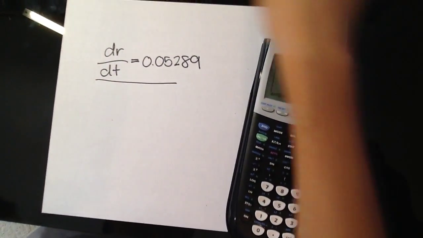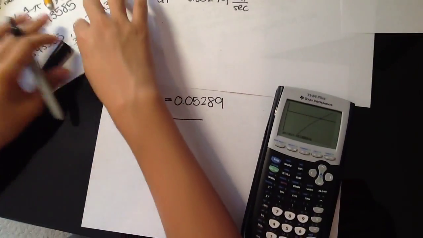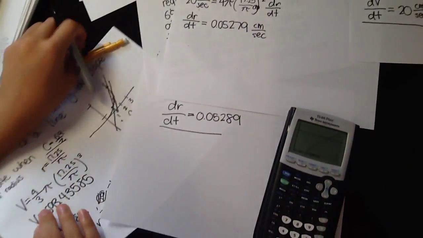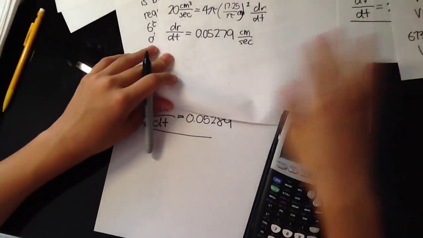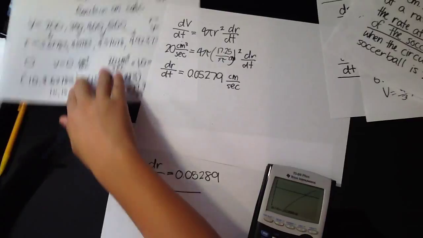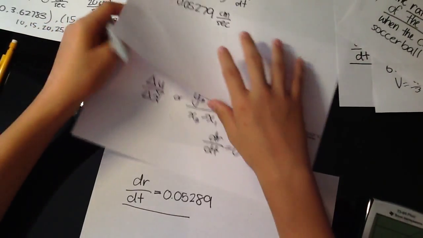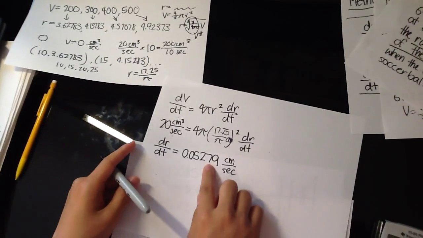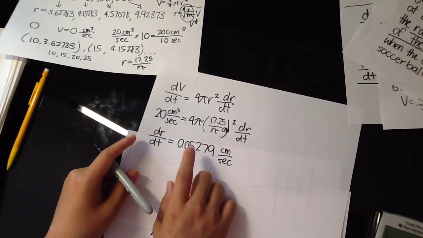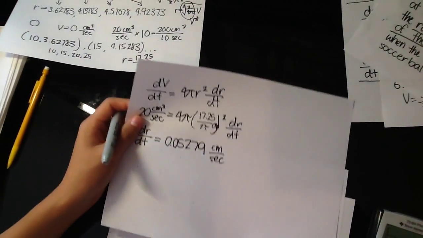If you compare what you got from the other methods, let me find what I got. This is what I got on the method where I used the formulas, 0.05279. So this is the exact answer.